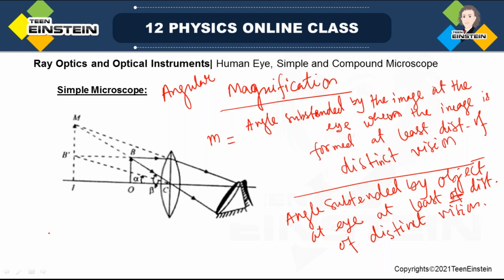See what I'm telling? The magnification is the ratio of the angle subtended by the image. Look, I have the image over here, and it is subtending an angle at the eye.